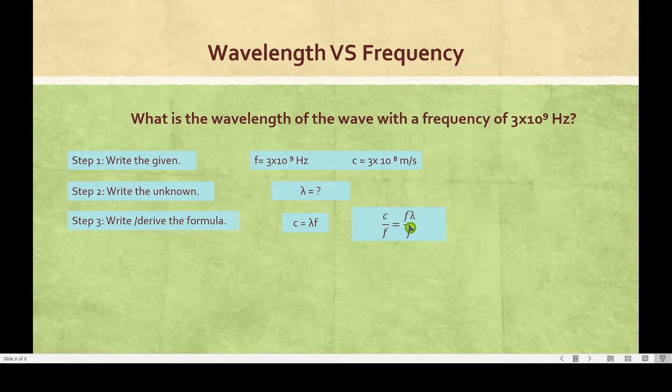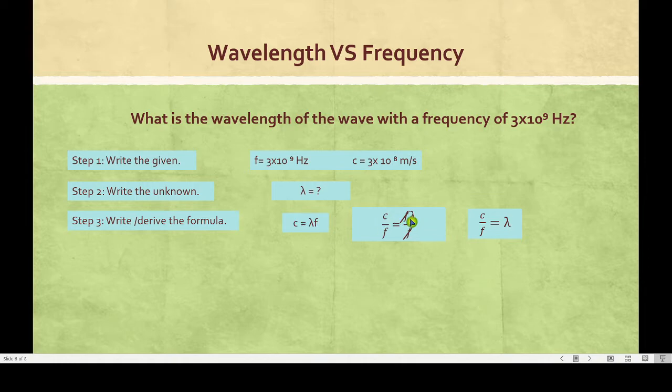Let us eliminate f by dividing both sides of the equation by f itself. F over f will cancel, so what is left is lambda. Thus, we now have lambda is equal to c over f. This is now our derived formula.